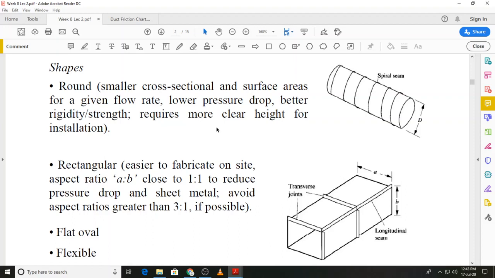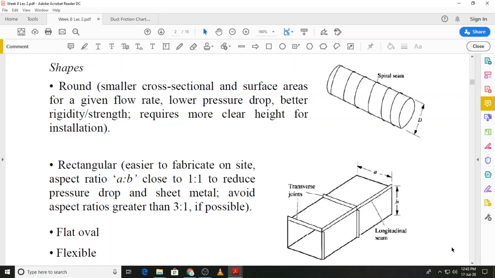The other thing is that because the surface area for a round duct is less, the heat loss from the surface will also be reduced, and if you are insulating the duct, the insulation cost also goes down. So overall, if you have the option, we will go for round ducts.